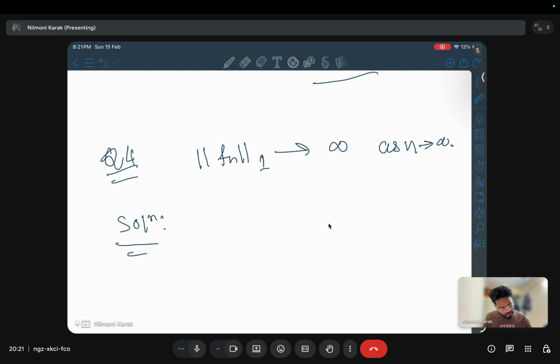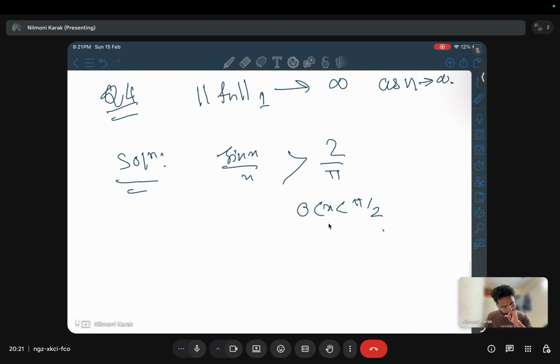Okay, so this is 2, right? sin x by x is greater than 2 by pi when 0 is less than x less than pi by 2. One can do this using the mean value theorem.